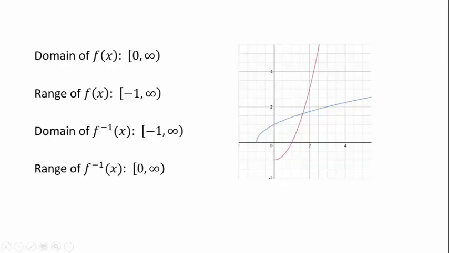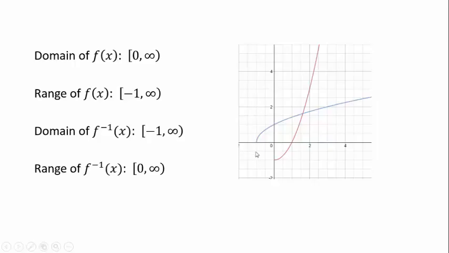The last thing I want to do is find domain and range for f and the inverse. All right, so we know what the domain is: 0 to infinity, including 0. We know that because it was given, and looking at the graph, it's everything on the right side, including that point. Now, the range of f.